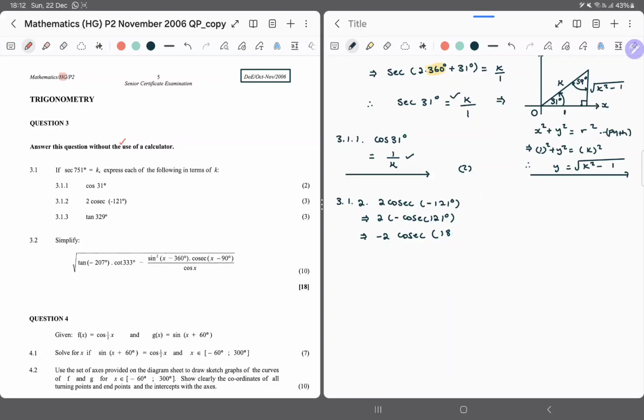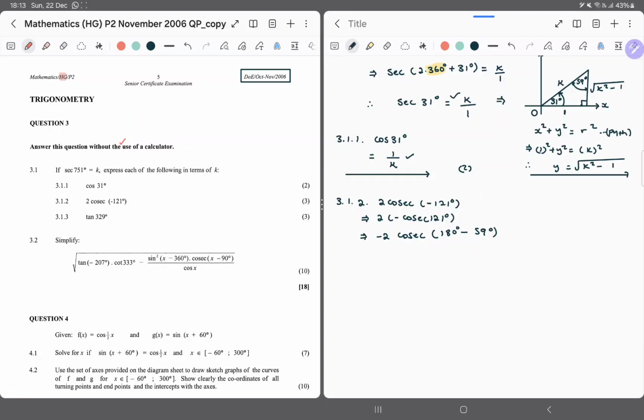This is 180 degrees minus, let's see, 31, is it? Let's say 180 minus 31. Nope. So let's check the other angle. So this is 180 minus 59. It gives us 121. Can you see, calculating that angle is good.